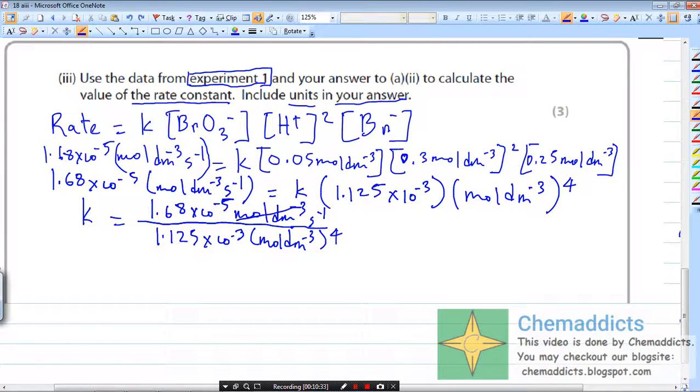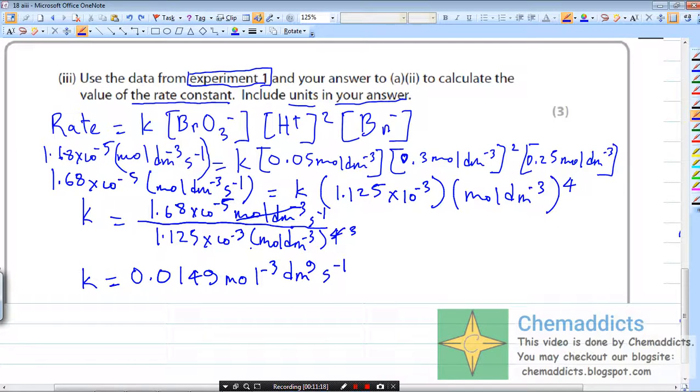If we cancel this up, the value for k comes to 0.0149. The units become mole cube per dm to the power 9, so if we take this upward, it is per mole to the power minus 3, dm 9 per second.